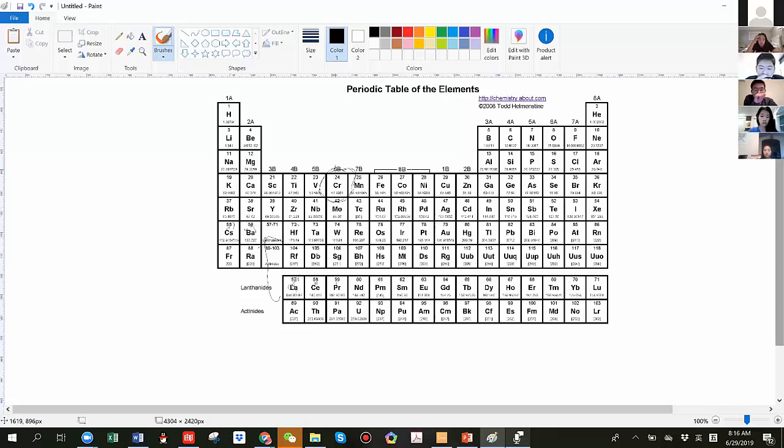What I want you to notice is that when we do chromium, we're basically taking argon, which I've circled here, and then we're just adding more electrons to the electron configuration of argon. So to make life easier, we can abbreviate this as argon and then proceed from there.